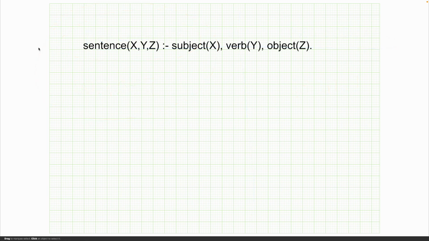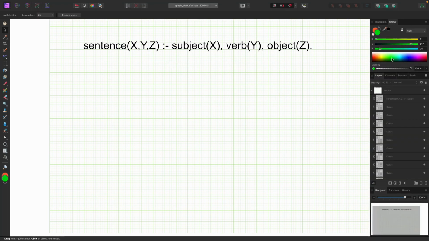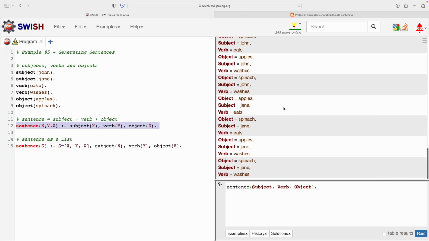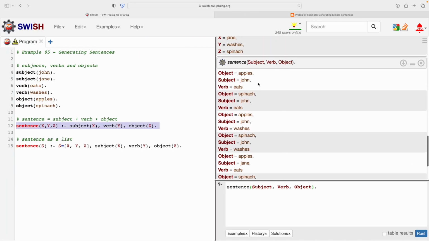Just before we do move on, I just wanted to highlight an aspect of how Prolog finds solutions to these kinds of queries with lots of variables to be filled in. If you look at the code we ran, you'll notice there's a pattern.